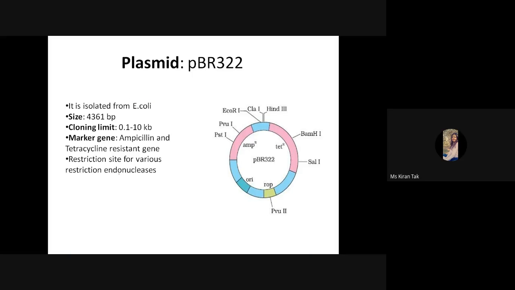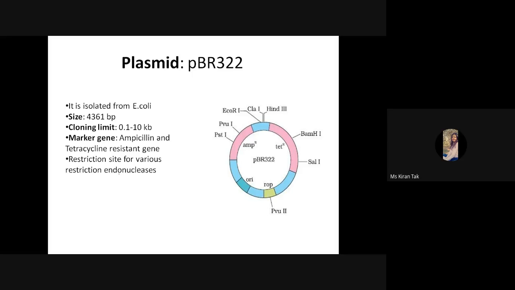Now we will study the plasmid pBR322. It can be isolated from E. coli. The size of this plasmid is 4361 base pairs. The cloning limit is 0.1 to 10 kb, which means a gene of interest of 0.1 to 10 kilobase pairs can be inserted inside the plasmid.